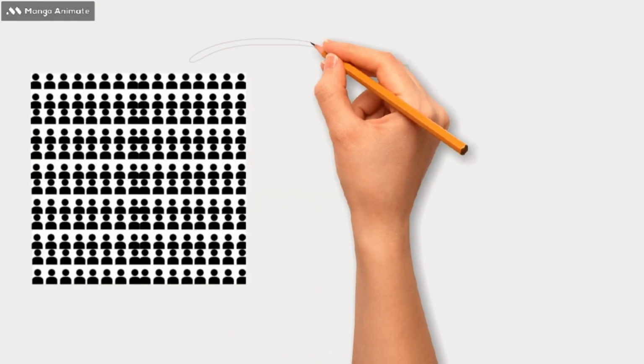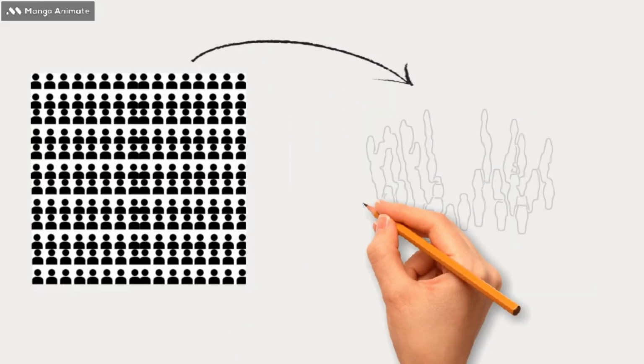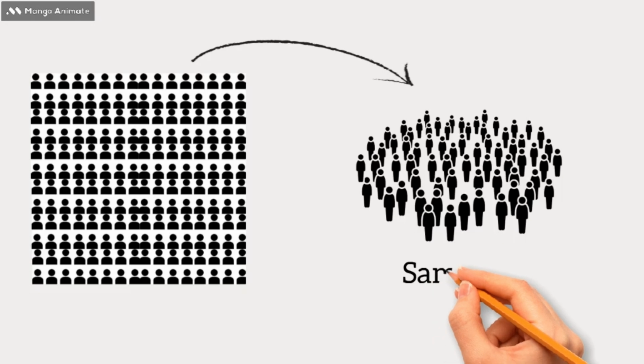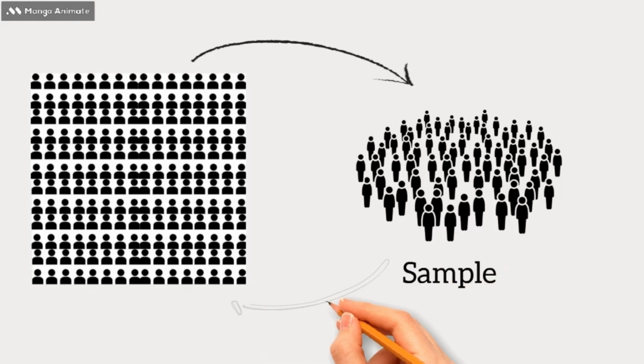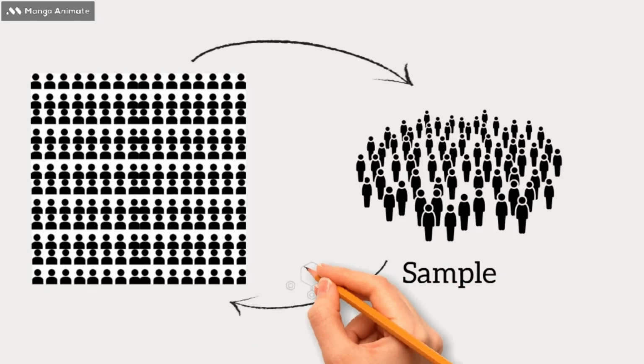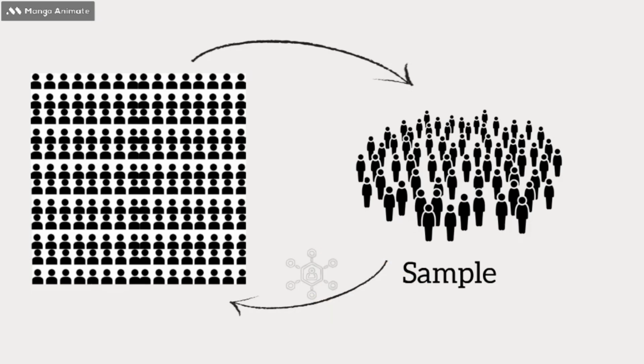So, we will select people randomly from the population, considered as the sample. A sample should represent the population, which means that its characteristics must be comparable to those of the population.